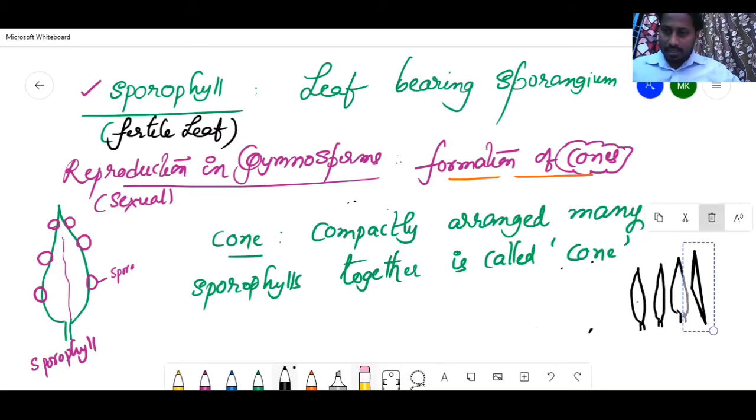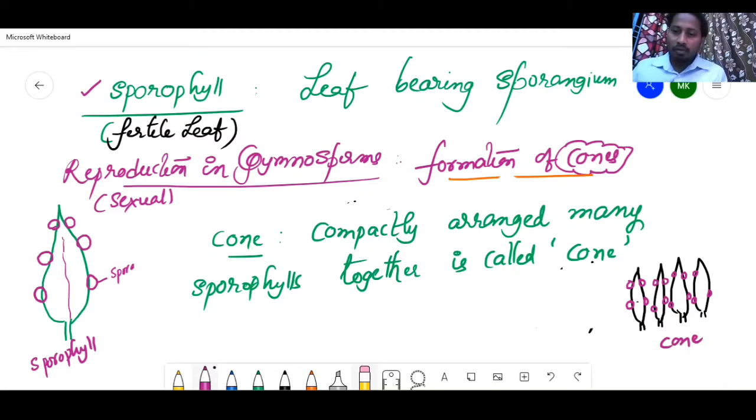Compactly arranged. So this is a leaf. On the leaf, these are sporangiums. Now, can we call it a cone? But I haven't shown you a very compact arrangement. But all such a group is called cone. This is called cone.